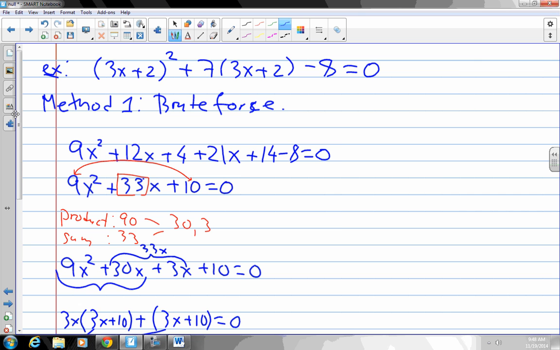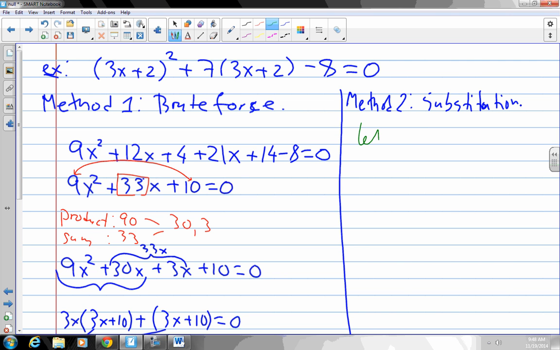The other way that I can do this, method 2, the substitution method, I can say let u equal, what should u equal in this case, if I want to substitute to make it look like a quadratic? 3x plus 2, right?